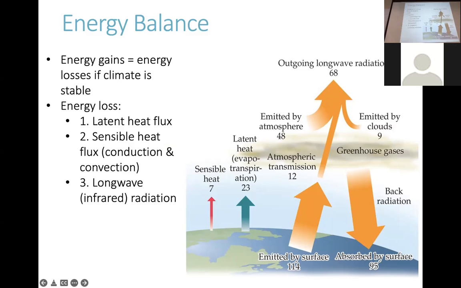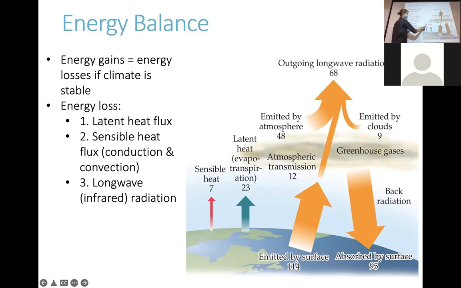This is long wave, so we don't really see it. It's not visible to us in any way. We emit a lot of it from the surface, right? A lot of it is re-radiated back down to the surface from the gases and particles in the atmosphere. And a lot of it actually just leaves out through the atmosphere. And that's a huge part of the loss of heat from the Earth.